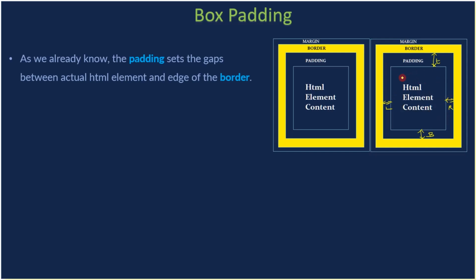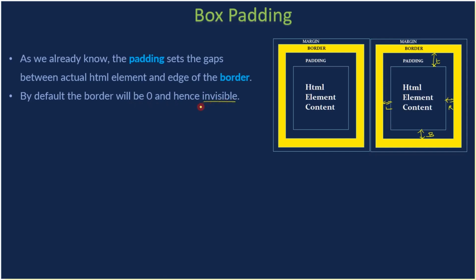So by setting the padding, we can set the distance between the HTML element and the border. By default, the border will be 0 and hence invisible.